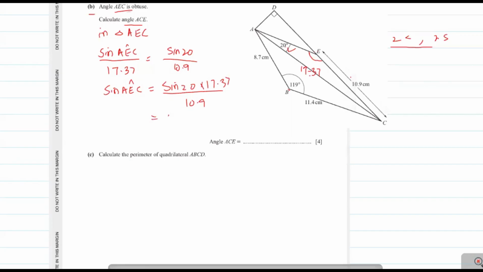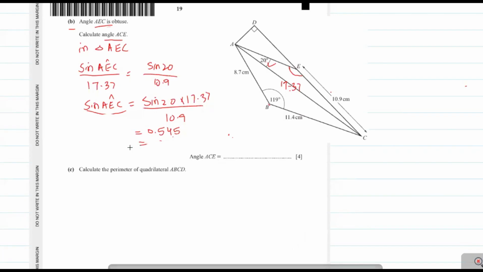We write here 0.545. But this angle AEC is an obtuse angle, therefore we write sine of 180 minus angle AEC will be equal to 0.545.